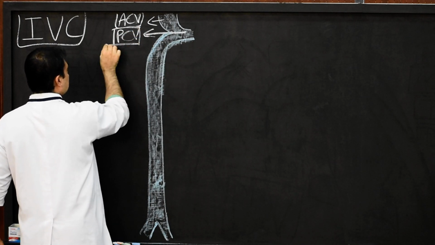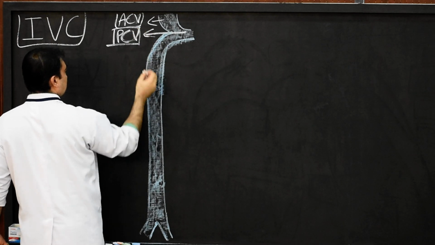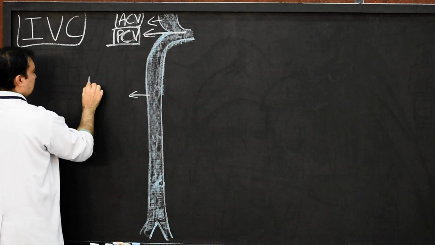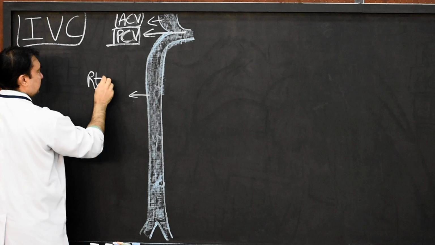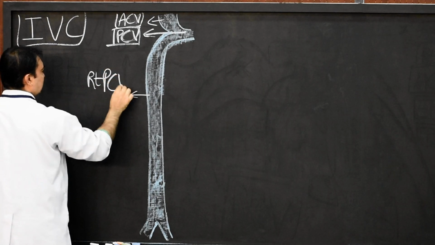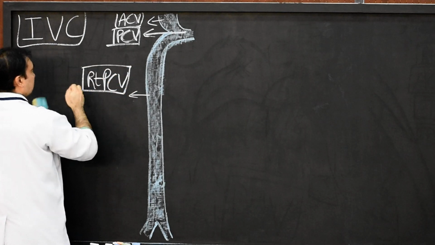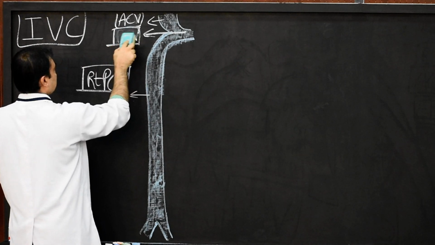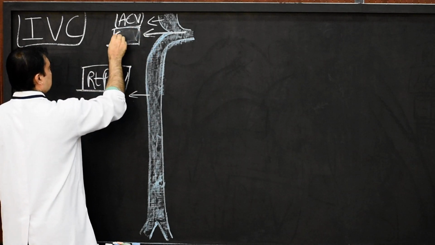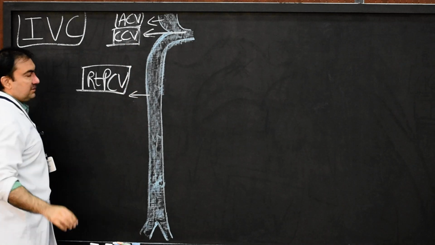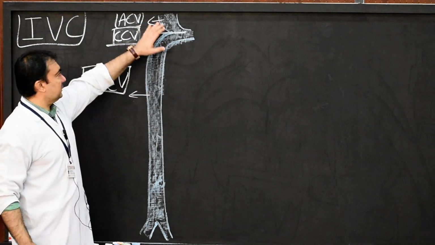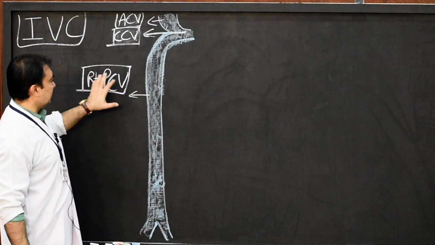So here, this will be common cardinal vein. So these 3 points should be very clear: anterior cardinal, common cardinal and posterior cardinal, right side.